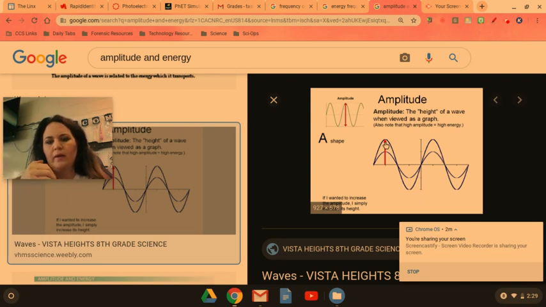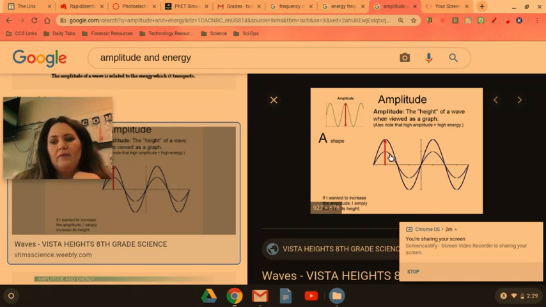So I'll share that with you as well. If you have a high amplitude wave, it has high energy because essentially amplitude is the amount of energy a wave carries. Again, amplitude is the amount of energy a wave carries, okay?